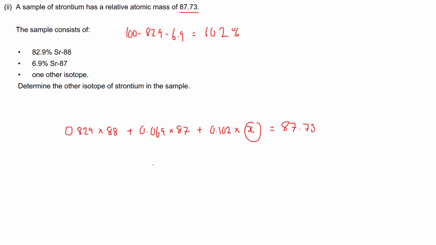To make this easier, whenever you see these big equations, everyone tries to do the maths and rearrange the equation. My advice is to keep it simple. There's a big section in the middle here. You can simplify massively. You can do this on a calculator. Put these numbers in, 0.829 multiplied by 88, and then add that to 0.069 times 87, and you get 78.955.